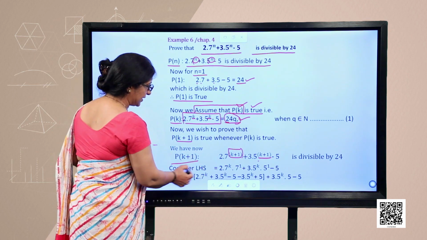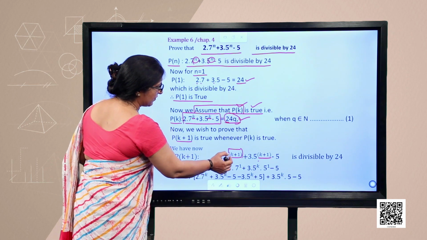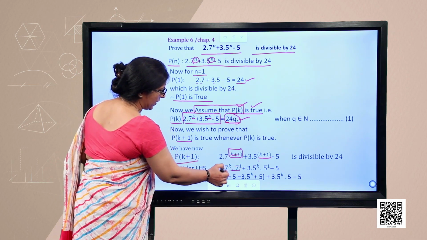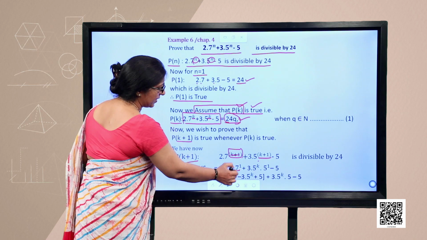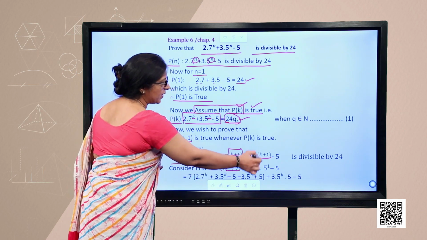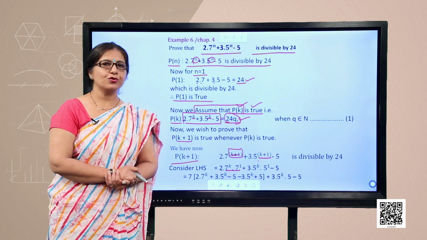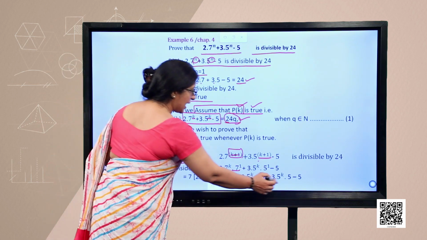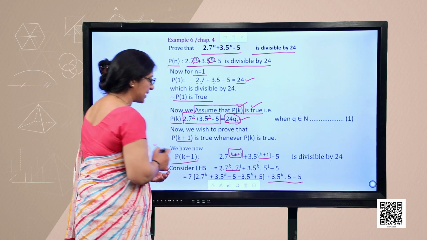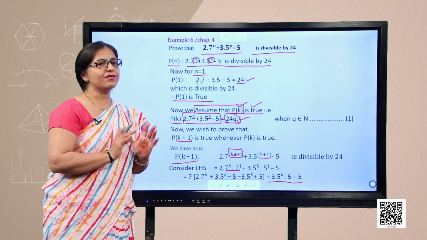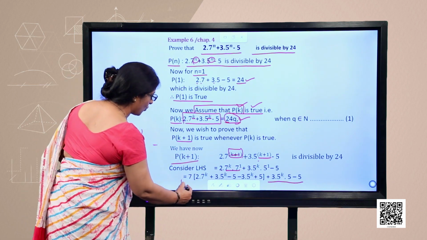How? By taking the left hand side. 2 into 7 power k plus 1 will split into 2 parts, 7 power k into 7 power 1. Similarly, 5 to power k plus 1 will also split into 5 power k into 5 power 1. And after writing this whole expression, this is a very important step to note.